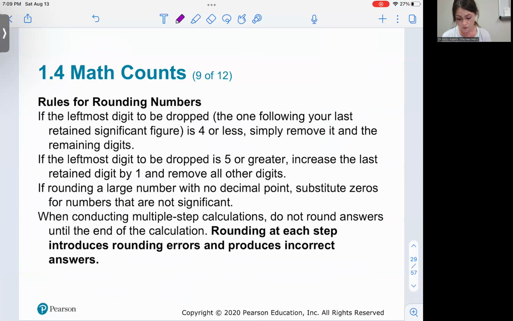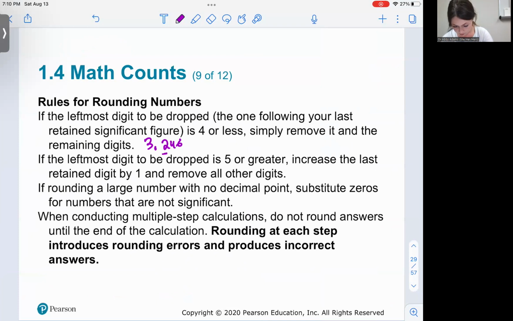So some of the rules for rounding numbers are, if the leftmost digit to be dropped is 4 or less, simply remove it and the remaining digits. So let's see, like an example for you, 3.246.